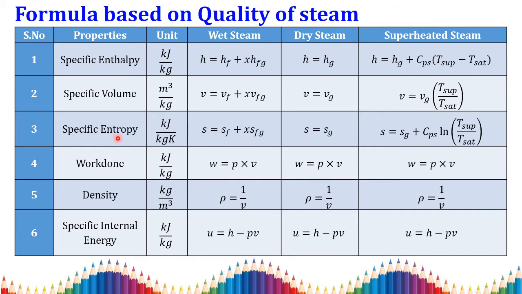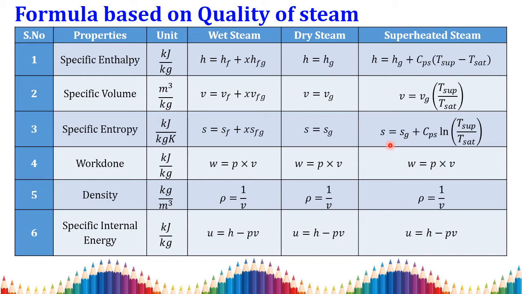For specific entropy, s = sf + x sfg, for dry steam s = sg, and for superheated steam s = sg + cp ln(T sup / T saturation).